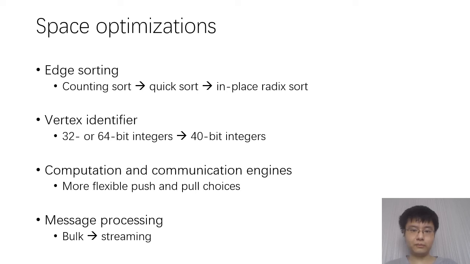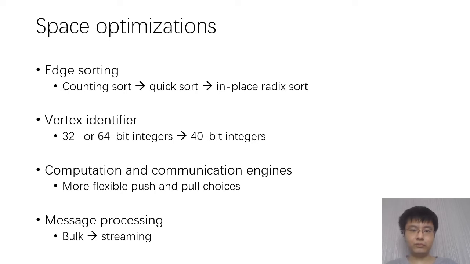As for the processing engine, we also incorporate a set of important optimizations. The largest change is that we decouple the computation and communication engines to enable more flexible push and pull choices.